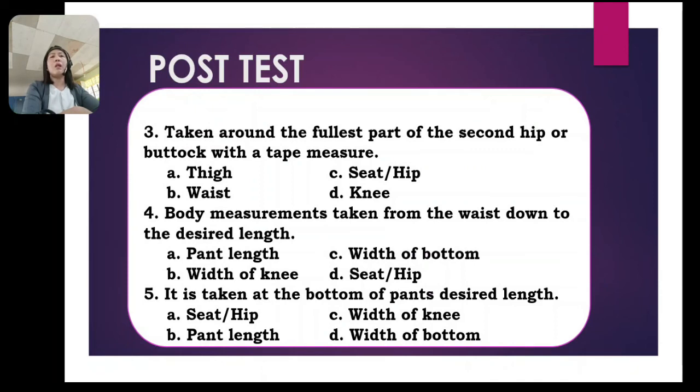C. Width of knee or your knee circumference. D. Width of bottom or your bottom circumference. Time start now. Time's up. So you're going to take a photo of your answers and send it to my messenger account.